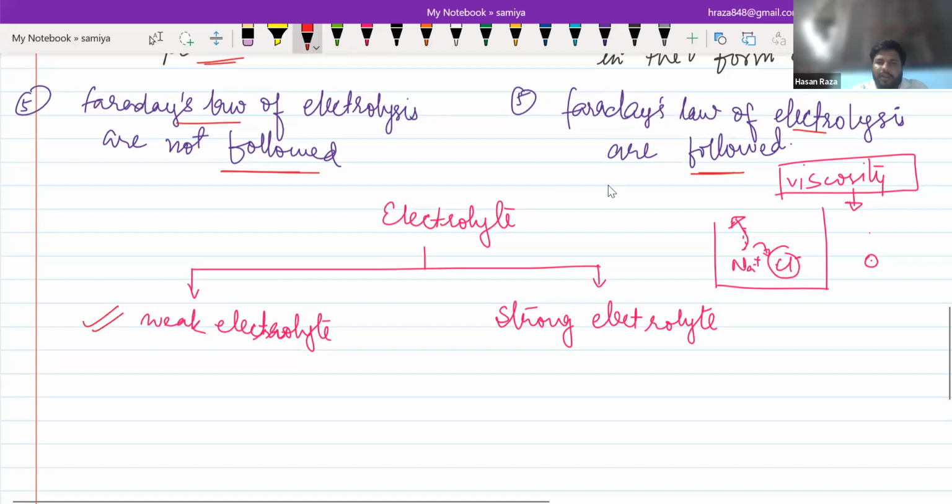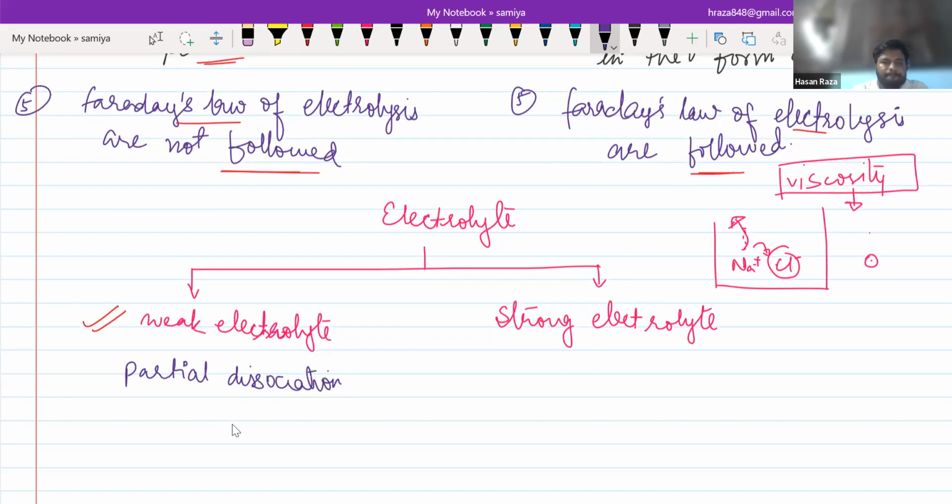In a weak electrolyte, partial dissociation takes place. And in a strong electrolyte, complete dissociation takes place.